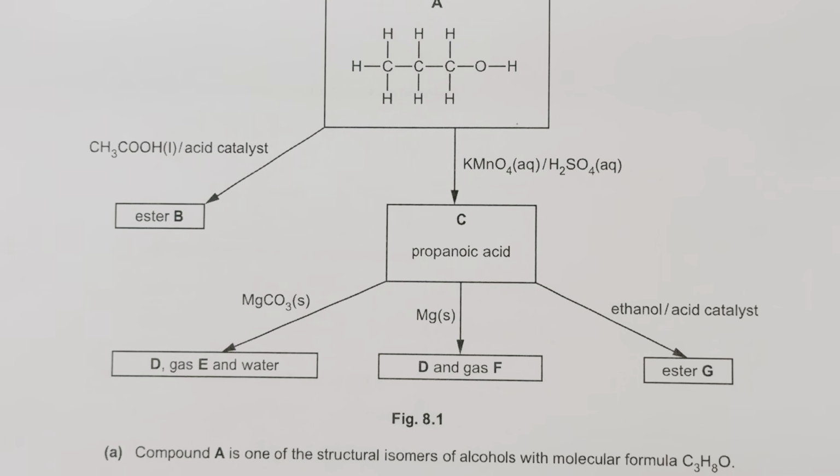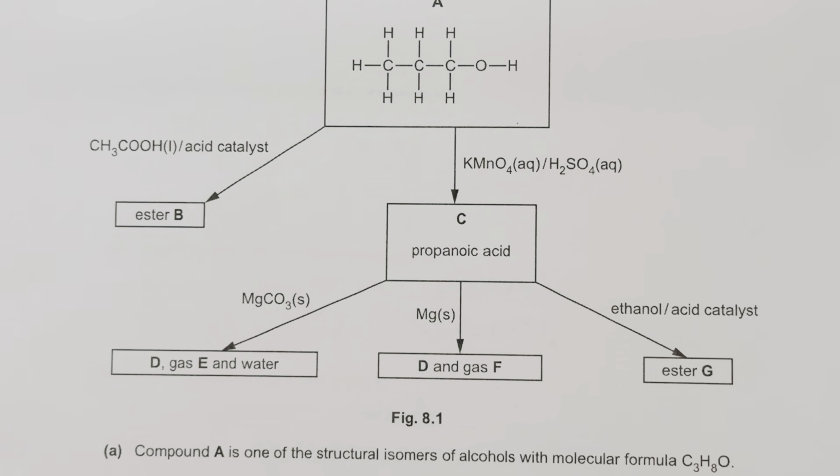Then propanoic acid reacts with magnesium carbonate, it will produce D gas, and E and water, and with magnesium, propanoic acid will produce D and gas F, and with ethanol and acetic acid it will produce ester G.